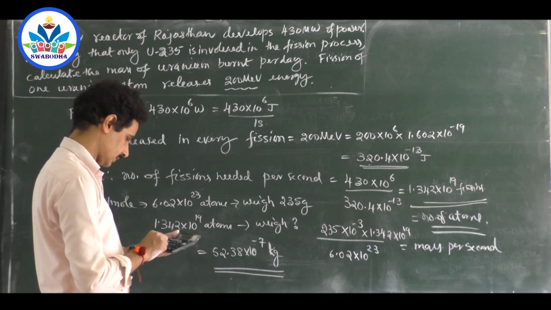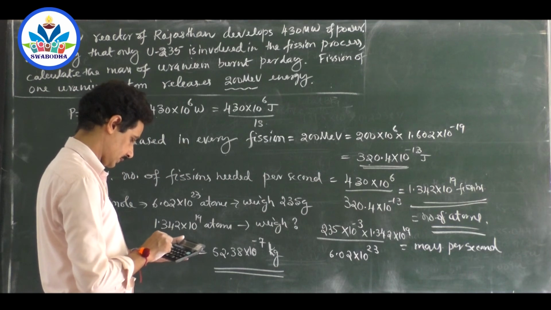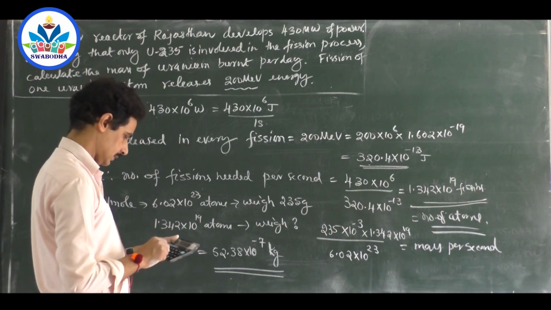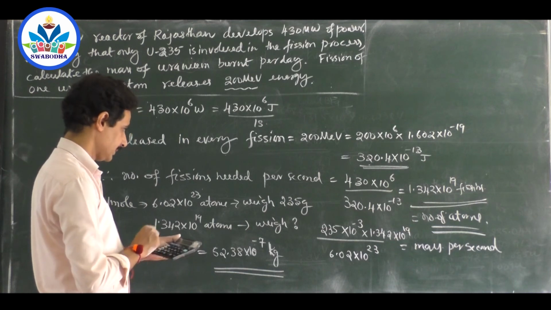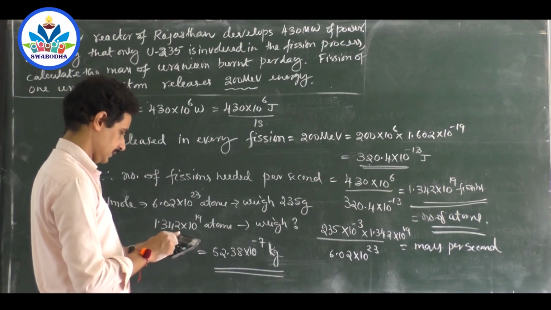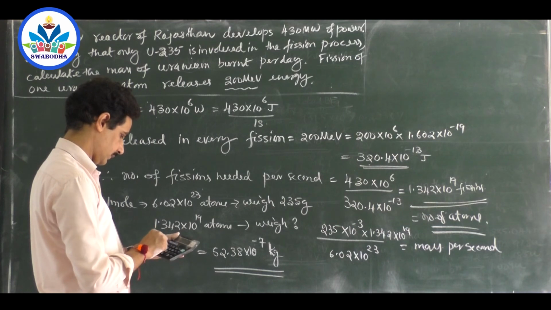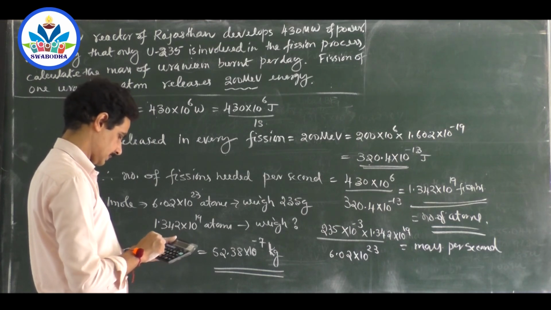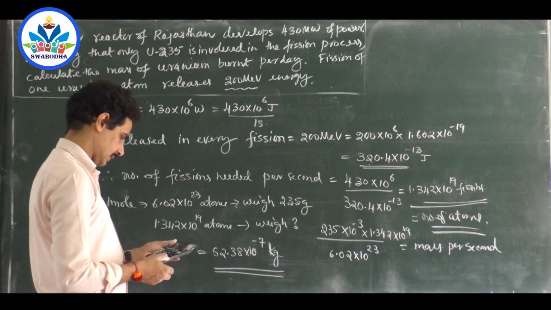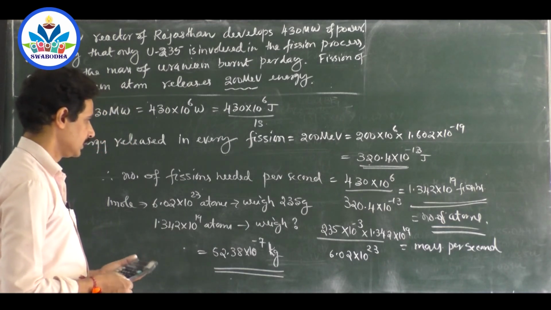I will check it once: 235 into 1.342 divided by 6.02.